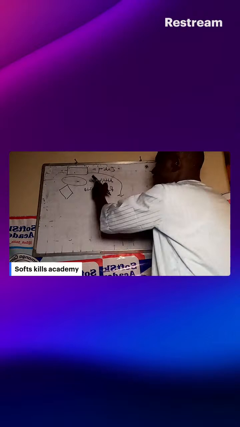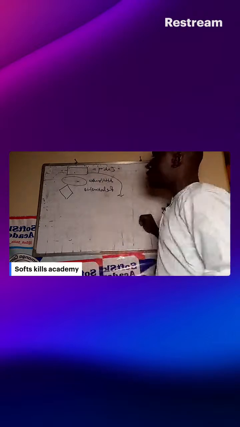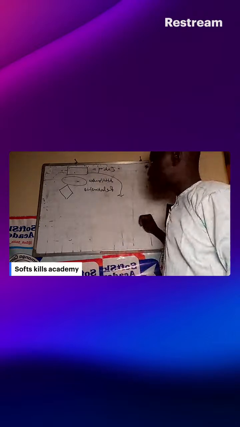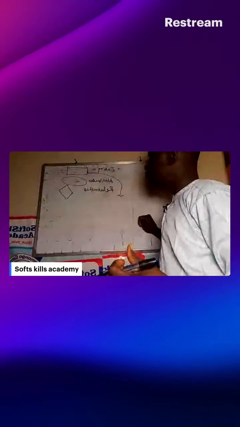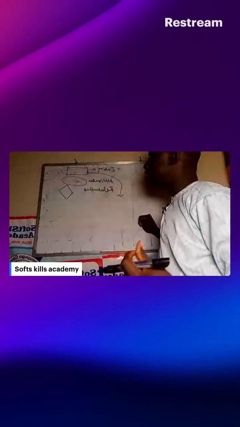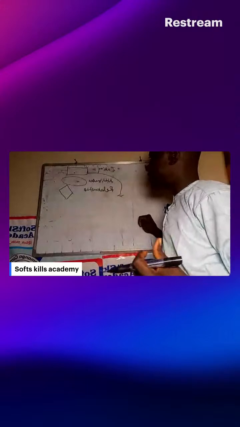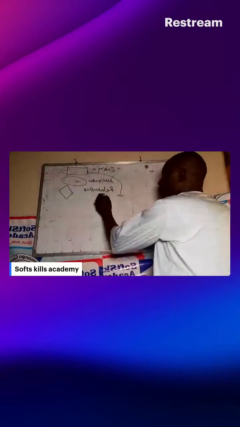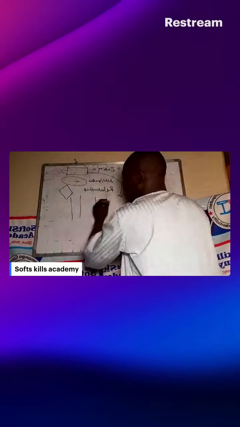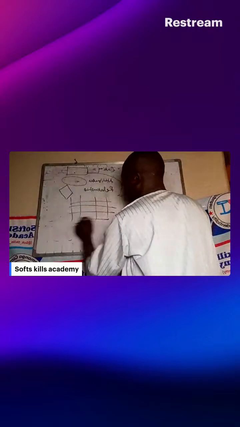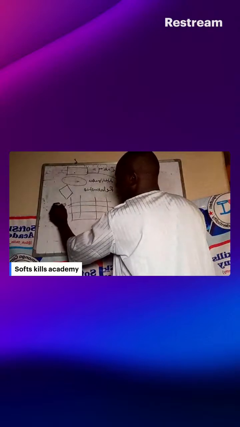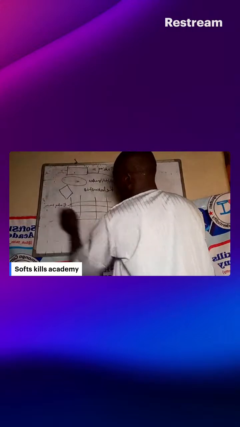So an entity set is a group of entities with the same values, right? If you look at it very clearly from the previous classes, we have tuples and attributes like this one, where we say this is the entity set, right?